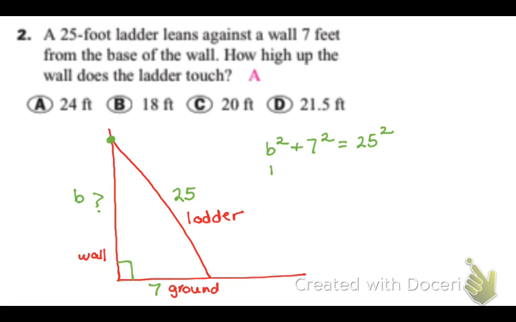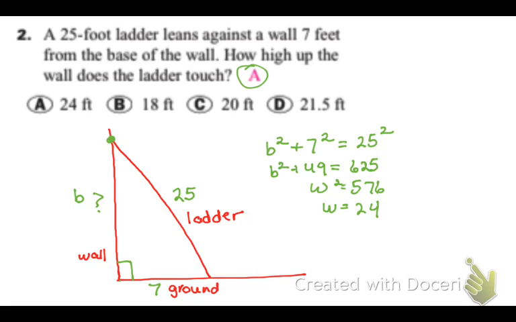So b squared plus 49 equals 625. So b squared equals 576. If you take the square root of 576, you get 24. And so that's answer A, just like we said.